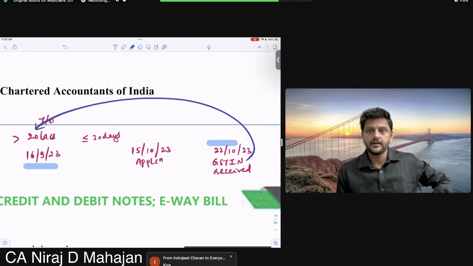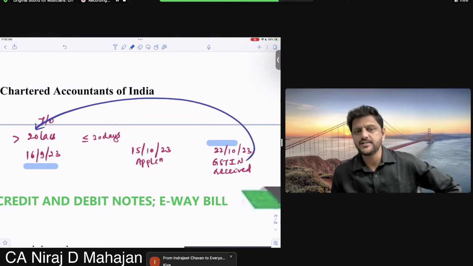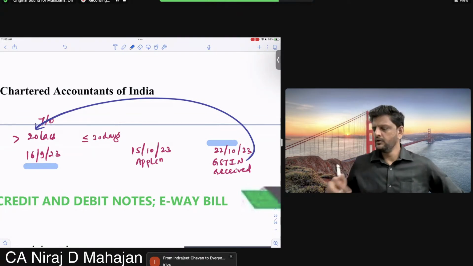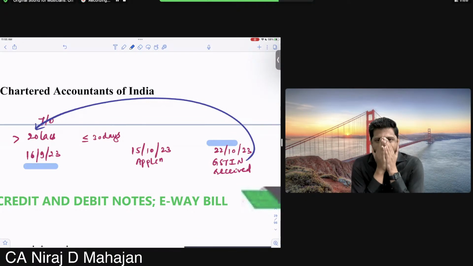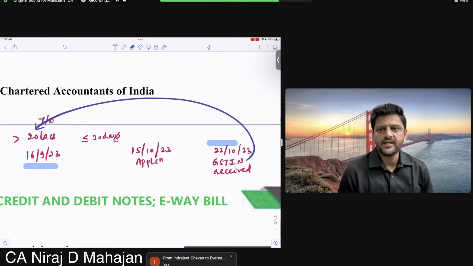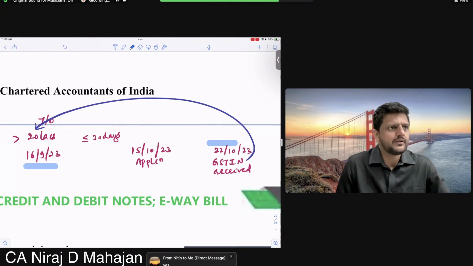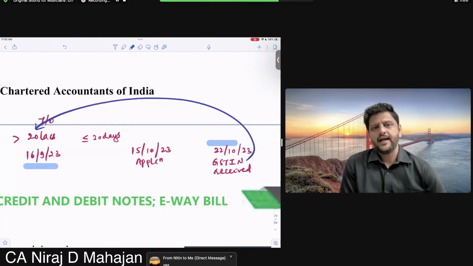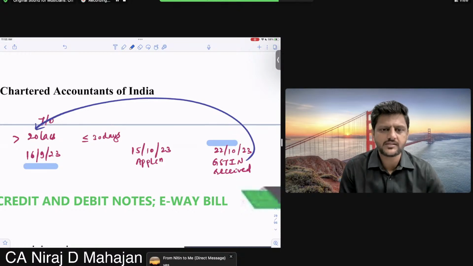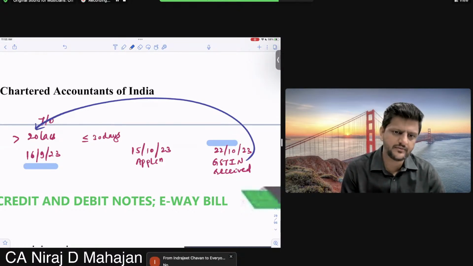During this period, was he liable to collect tax? He was liable because his turnover has exceeded. Could he collect tax? Was it possible for him to collect tax? No, because he did not have GSTIN.